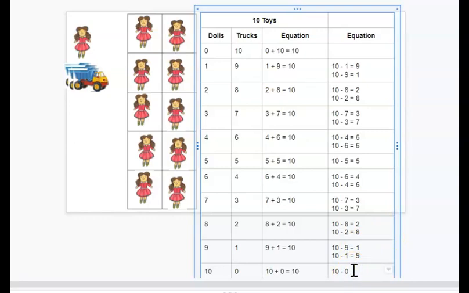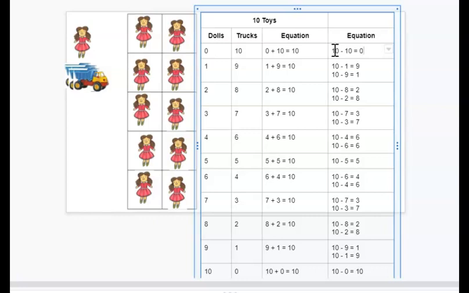If I have 10 and I subtract 0, I'm still going to have 10. And the same up here at the top. If I have 10 and I subtract 10, I'm going to be left with 0 if I take them all away, right?